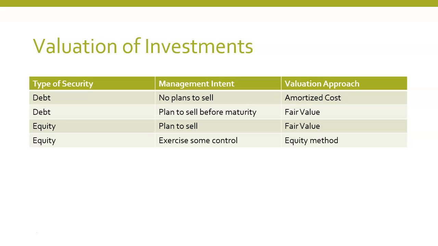Until the company goes out of existence, that stock is good, but does management plan on selling it soon, selling it later? They bought it with the intention that they're going to sell it. Well, then again, we'll use the fair value, the fair market value approach. We'll see what that stock is worth every year.